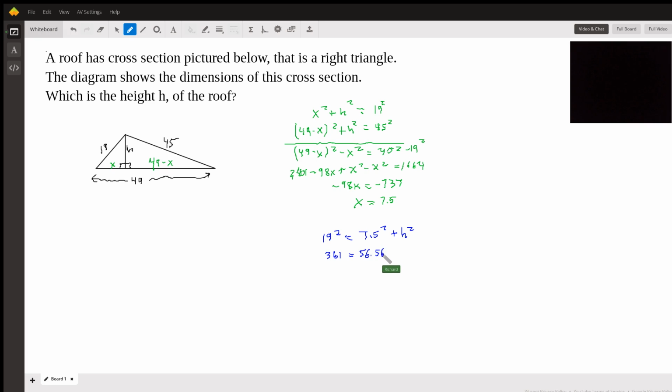This gives me 56.56, say. There are no rounding instructions in this problem. So h squared is going to be 304.44 roughly, and so h is going to be roughly 17.44.